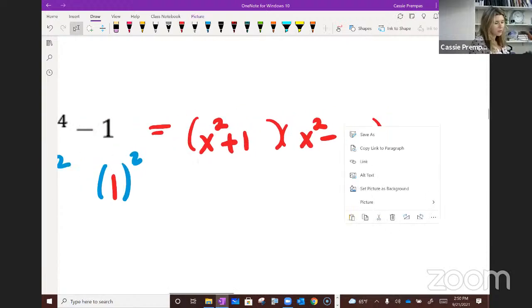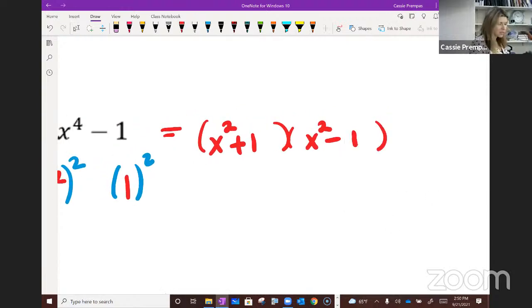Now, when I'm here, I want to stop and say, okay, here's 2 terms. Do these 2 terms match the rule a squared minus b squared? No, because there's a plus sign. Do these 2 terms match the rule a squared minus b squared? Well, let's think about it.